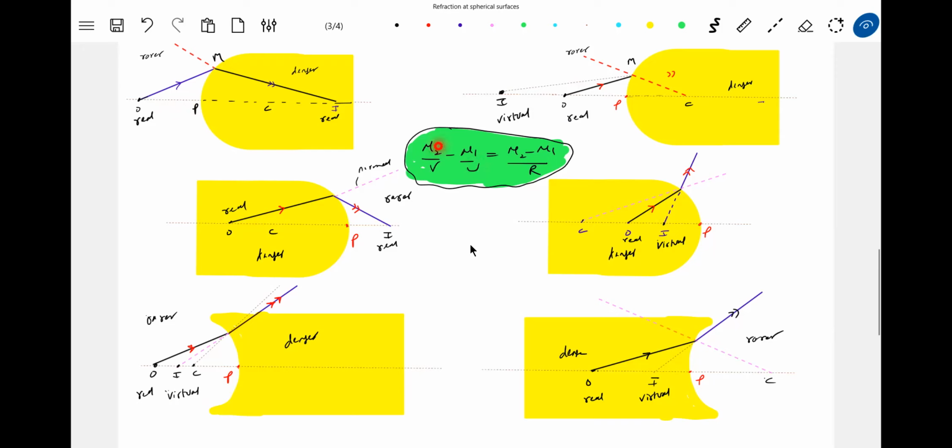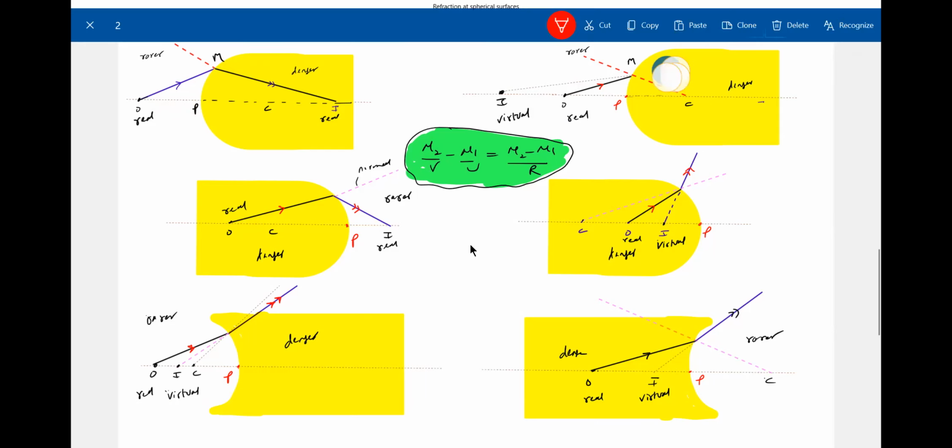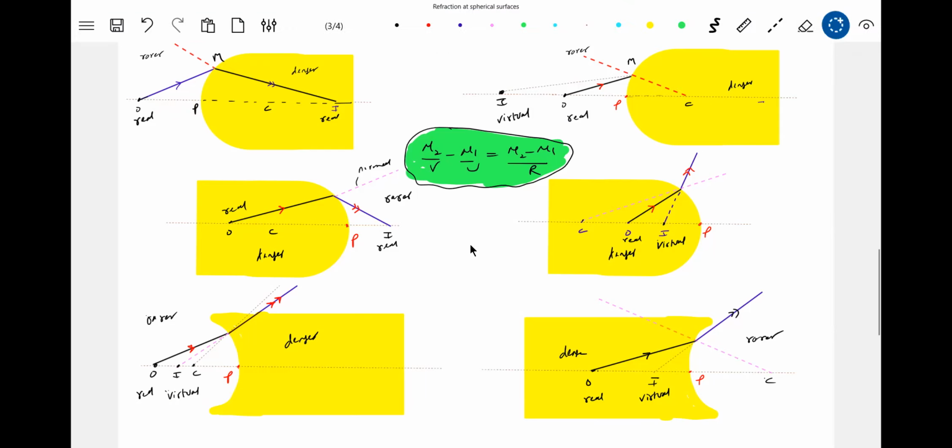What is mu2? Mu2 is the refractive index of the medium where the refracted ray is present.